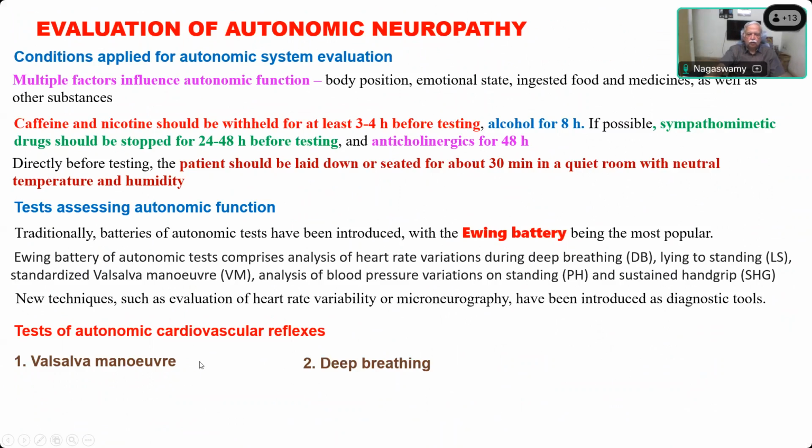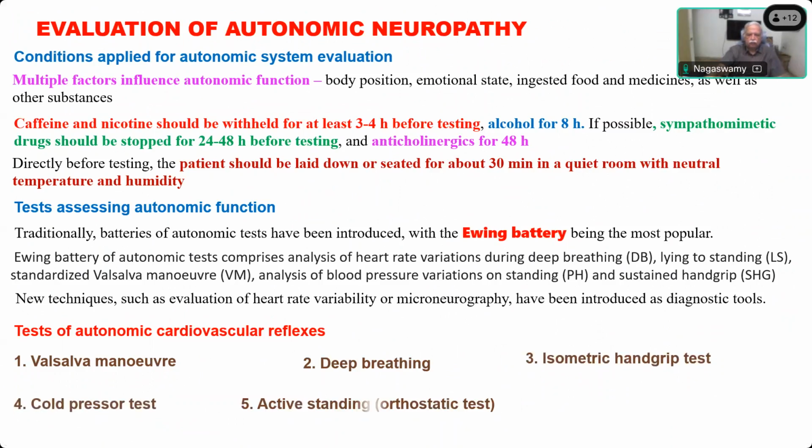So you must describe how you will explain it to the patient, how they have to take a deep breath, hold it and then release it, what you want to check, the pulse rate and the blood pressure, and the various phases that form the basic physiology of the Valsalva maneuver. Then deep breathing, isometric hand grip test, cold pressor test, active standing or orthostatic test, head-up tilt. I'm not going to spend much time on that; I just explained all these things.